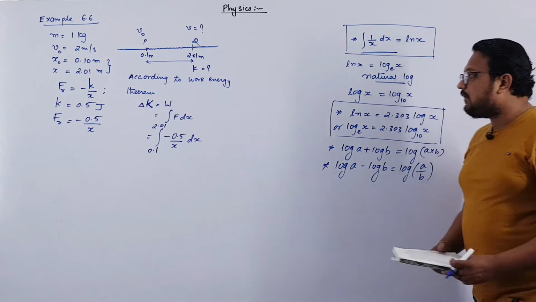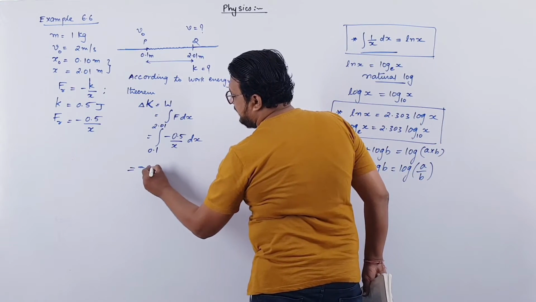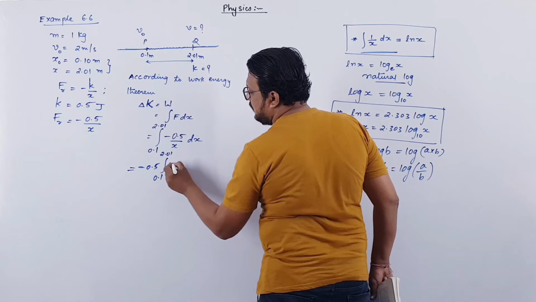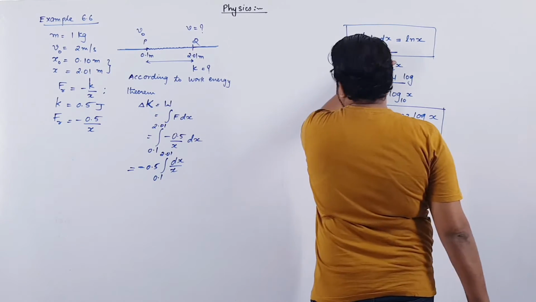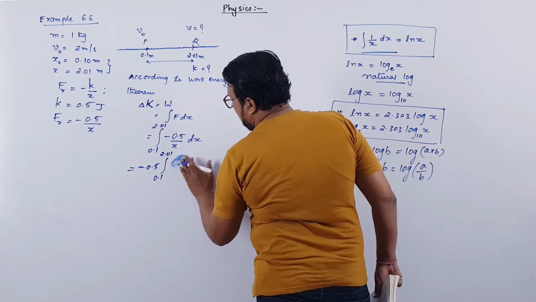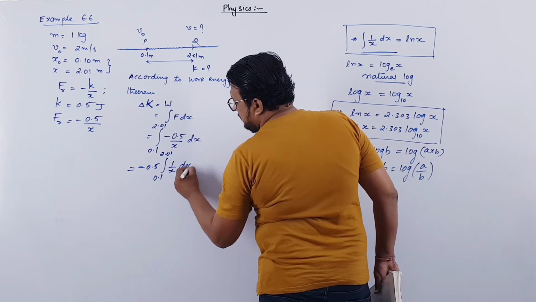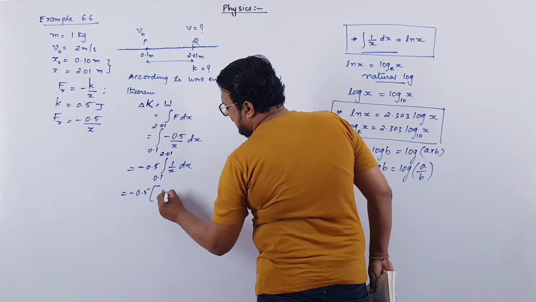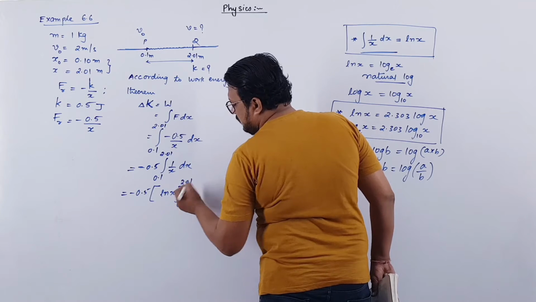Here, if you take minus 0.5 common, you get integration from 0.1 to 2.01 of 1 by x dx. So this is equal to minus 0.5 times ln x from 0.1 to 2.01.